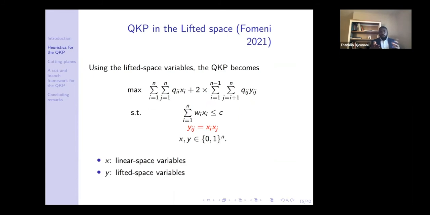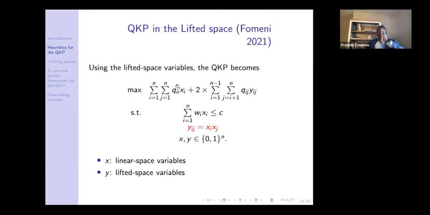So I said to myself, how could I take the dynamic programming approach and move it up to the space of the quadratic variables, so that I could capture the additional quadratic profit that is brought in by the selection of pairs of items? So how is that done? We just need to reformulate the problem.